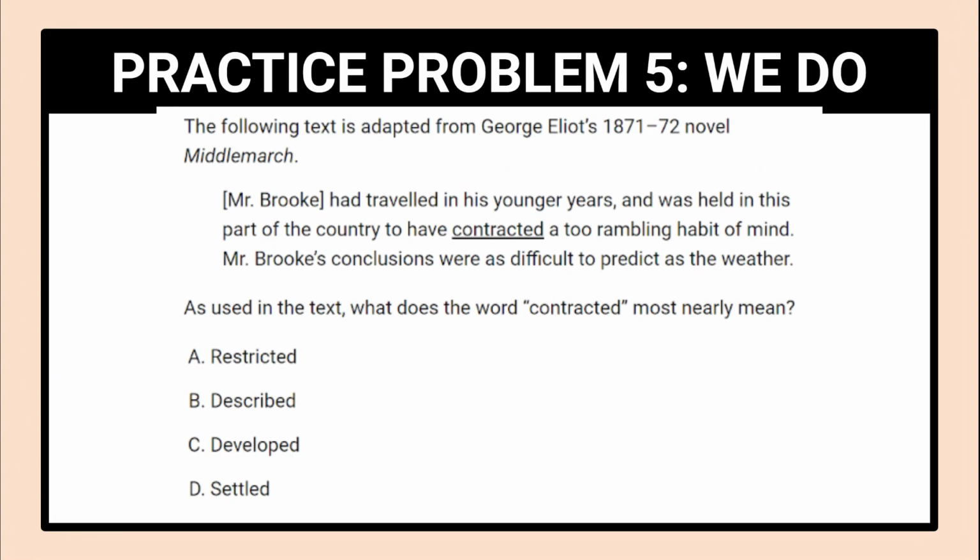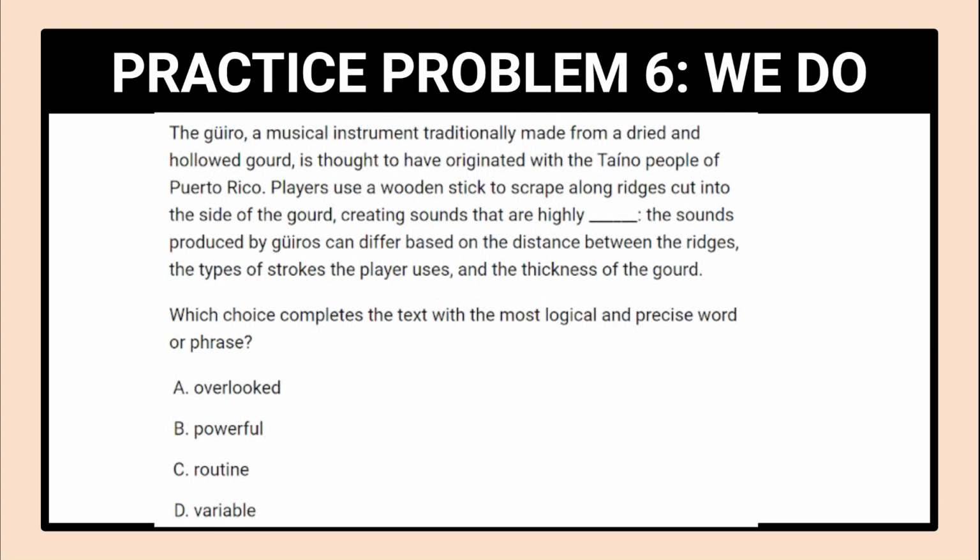It's kind of like an illness that you contract by having it affect you. And here, he's developing the habit that affects him. So that's why C is the best answer in this case. And practice problem number six. Please pause and figure this one out.